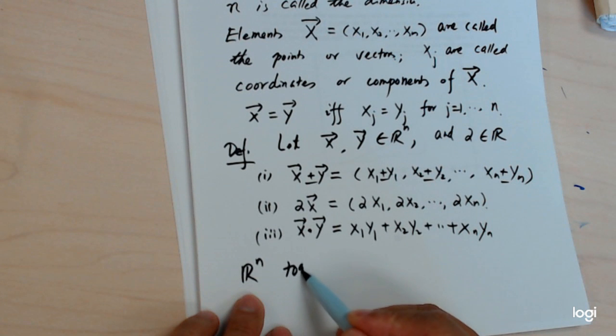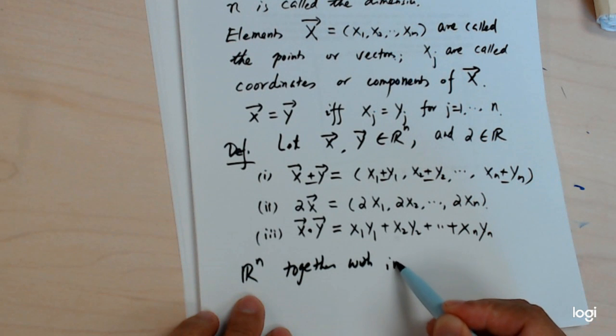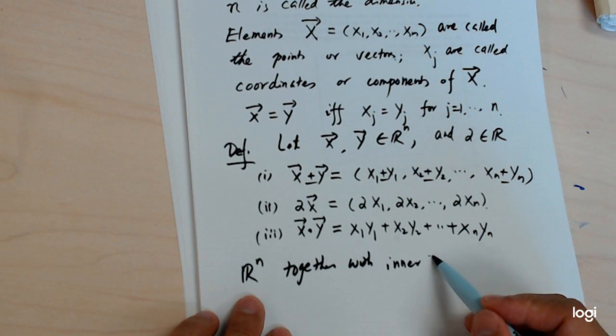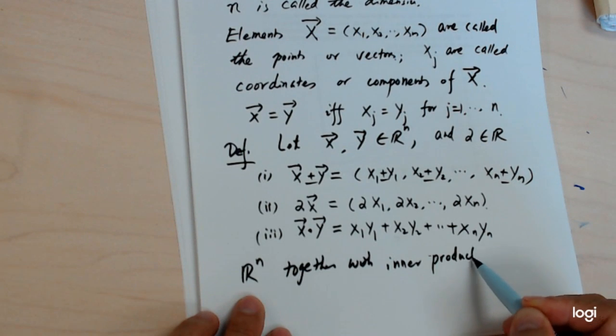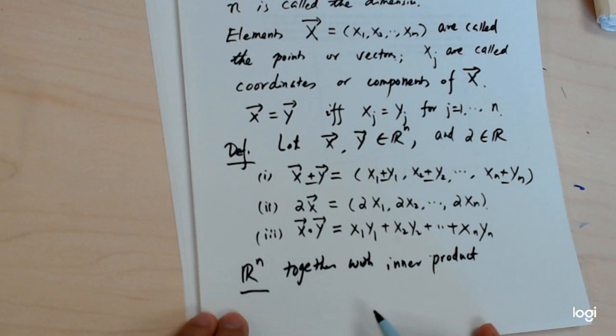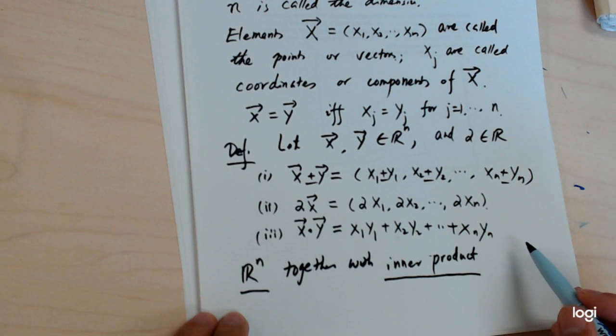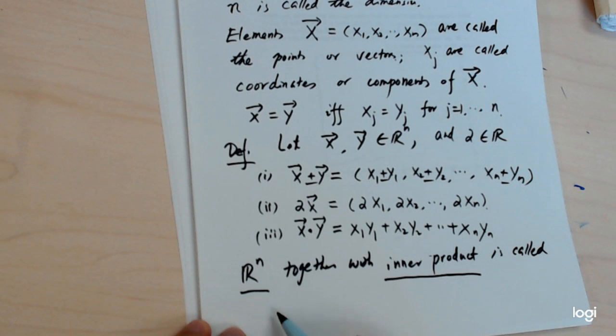If you introduce the inner product, the inner product essentially gives you a way to measure the size of elements in Rn. So the collection of points together with a way to measure the size of elements is called Euclidean space.